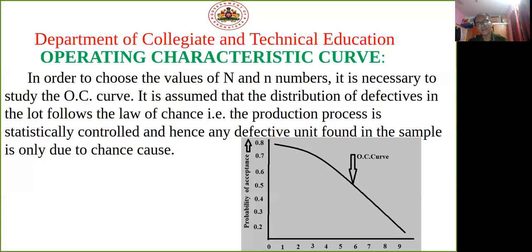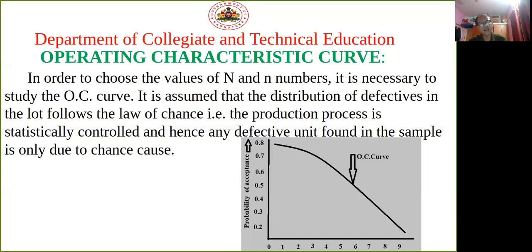These risk factors can also be determined with the help of the operating characteristics curve, or OC curve. So it is necessary to study the OC curve to find the values of capital N and small n, and the producer's risk and the customer's risk. You have to study the curve.